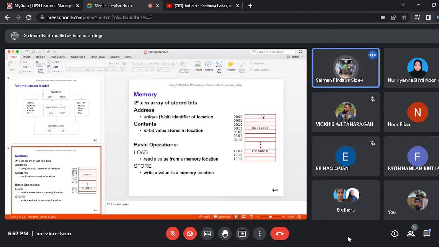Let's say the first box has the address 0000. This is just an example to help you understand how address and data are implemented in the memory.